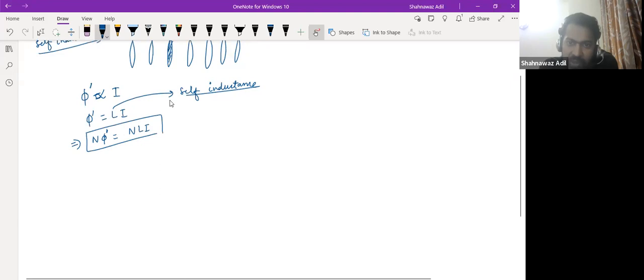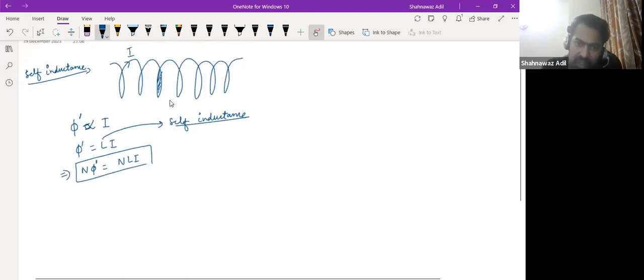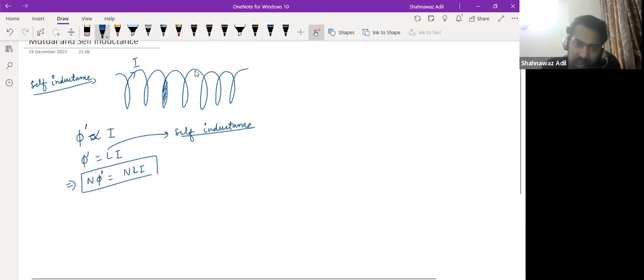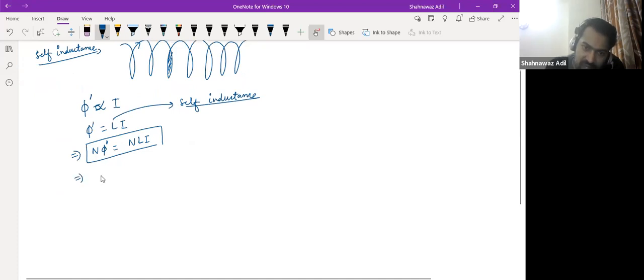And we also know, let's say, this is phi, and this is equal to n L I. And from Faraday's law, we also know that EMF would be equal to how much?